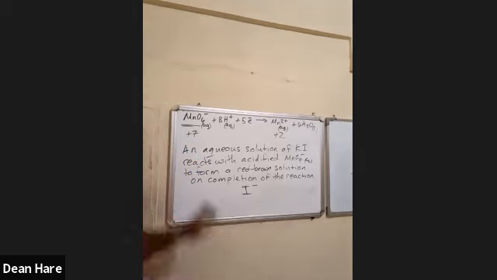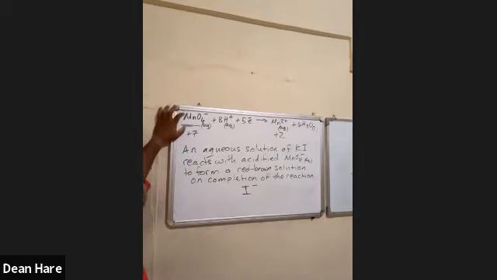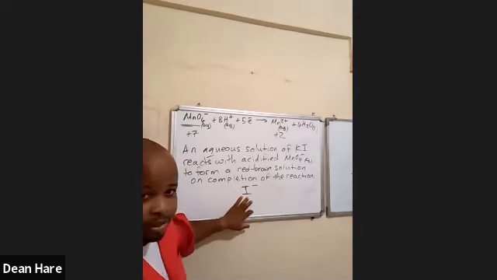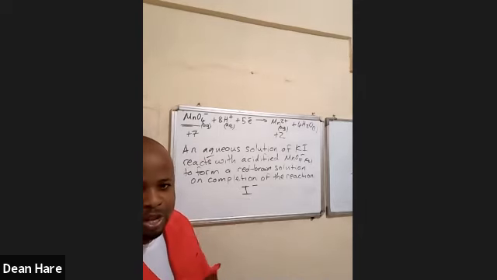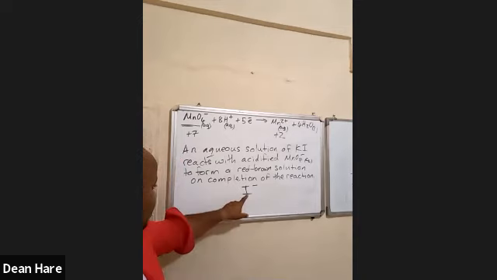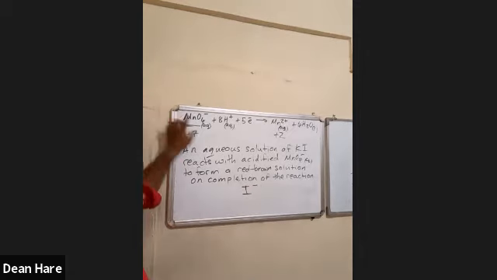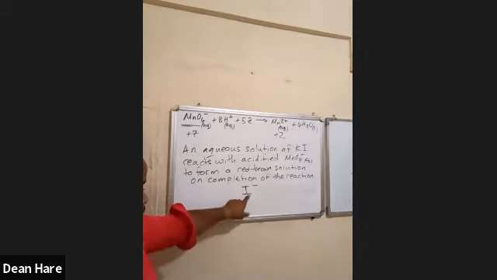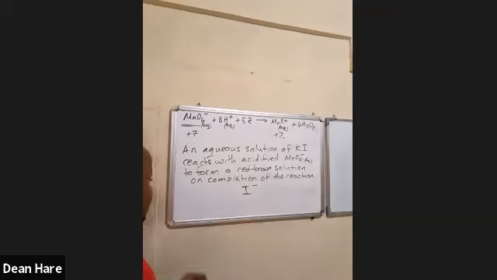Now, you said that potassium permanganate is an oxidizing agent. So if this is the oxidizing agent, and it is reacting with the iodide ion in a redox reaction, what is going to happen to the iodide ion? This is the reducing agent. Therefore, it must be oxidized.